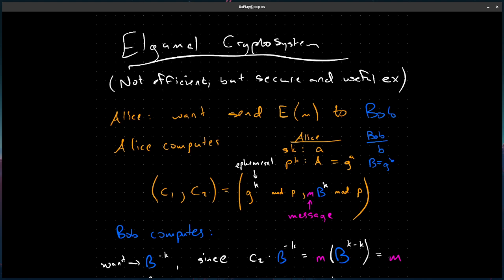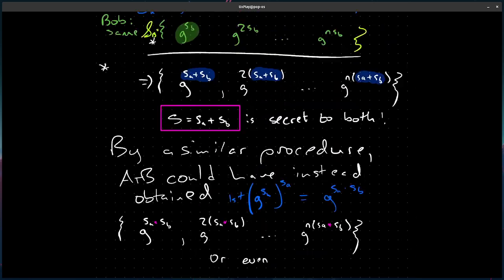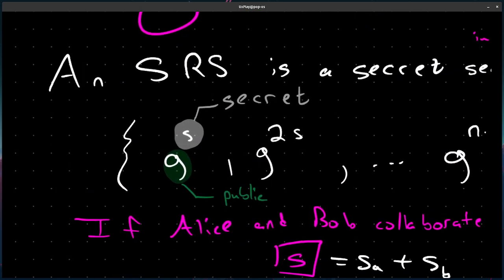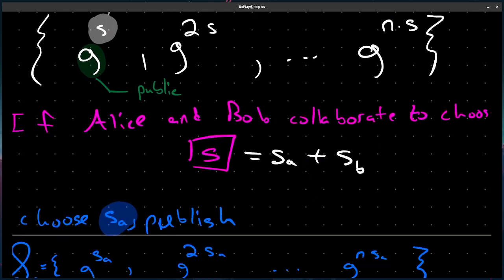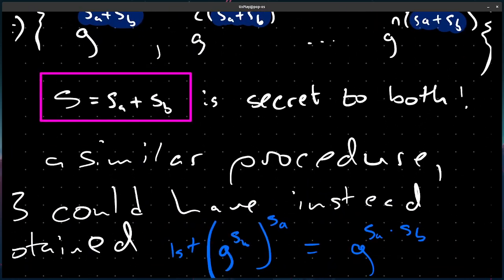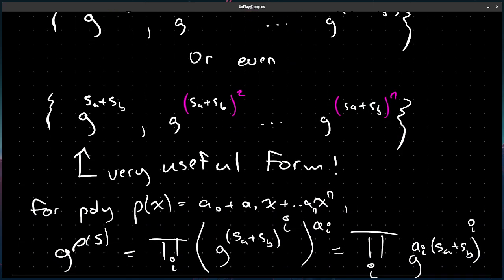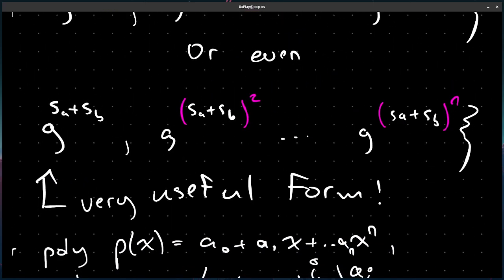So the whole deal with setup ceremonies is that we're trying to produce this common reference string, G to the S up to G to the, well, we're usually trying to produce something of this form, where either this addition or multiplication or whatever it happens to be produces some common shared string where no one knows the value of the combined secrets.